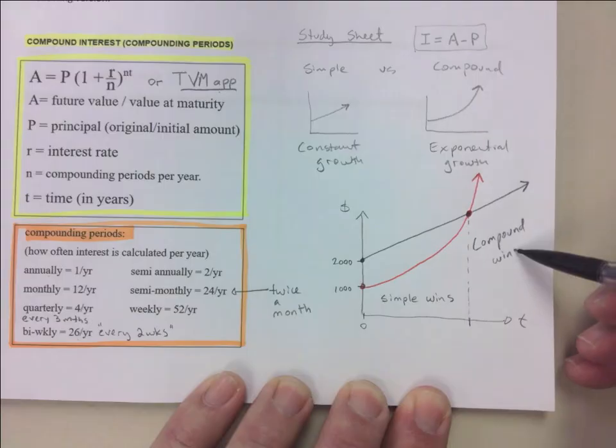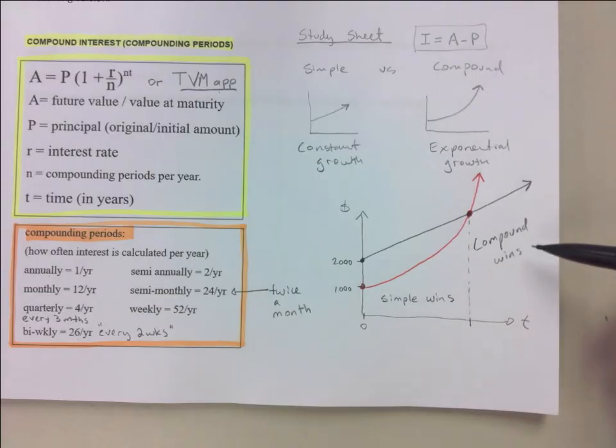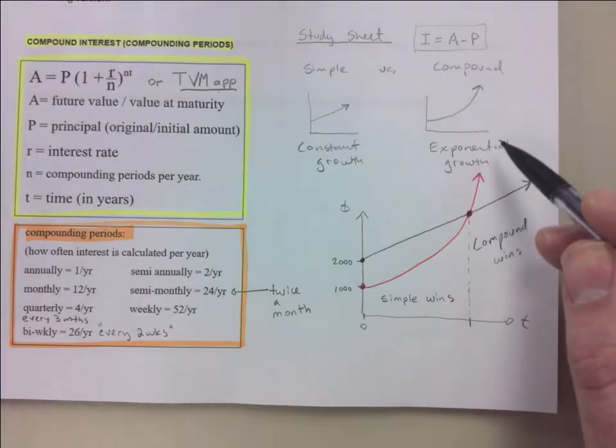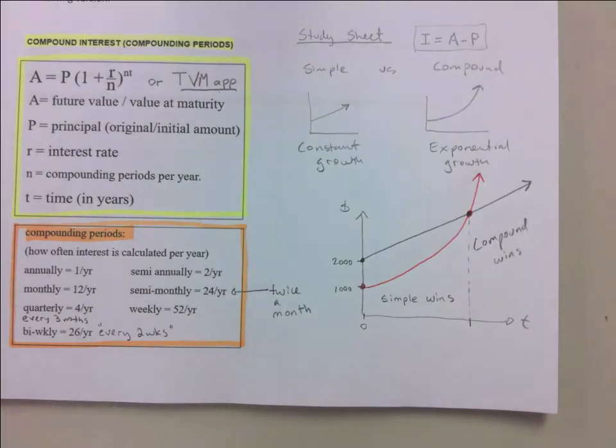And I would say, in the long run, compound will always win. If you have long enough to wait, compound wins every time, because that's the point where it just skyrockets, right? And the simple interest just can't win.